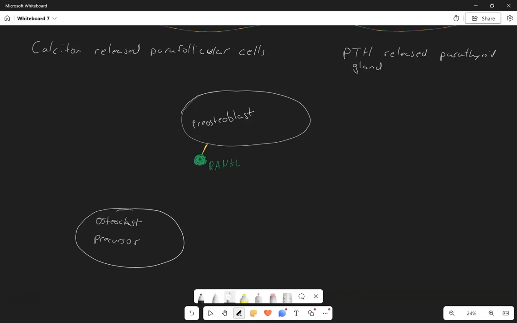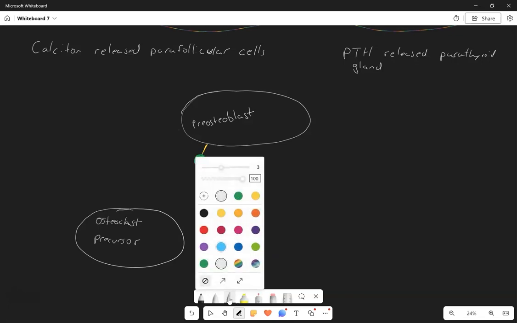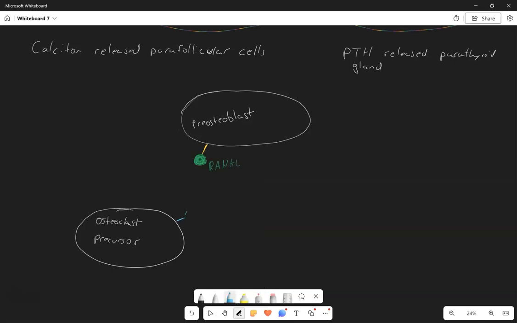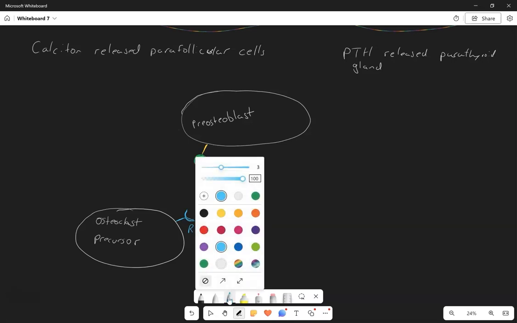On this cell, there is going to be a little receptor, and this receptor is known as RANK. You might be able to make a little connection that RANK L is going to bind to RANK, because RANK L stands for the RANK ligand.